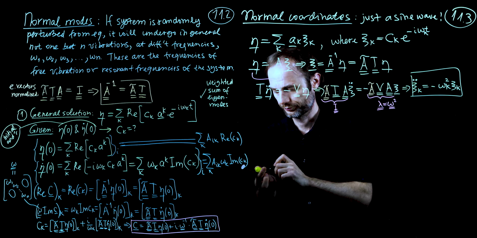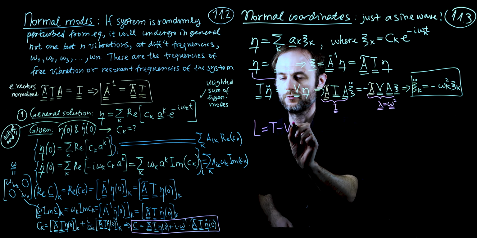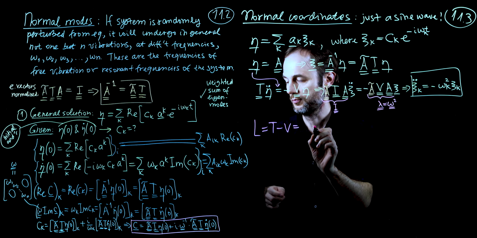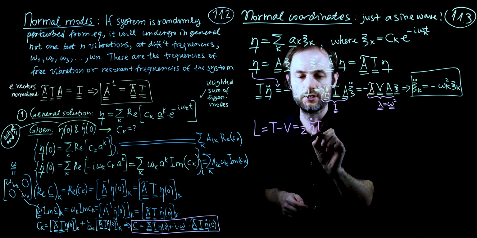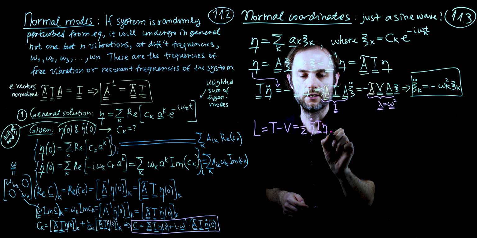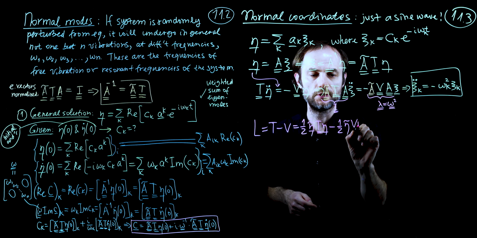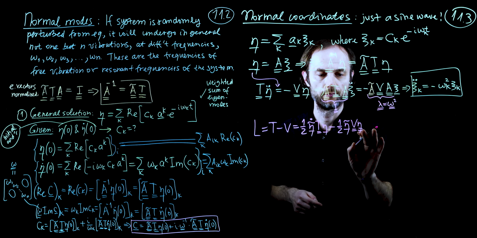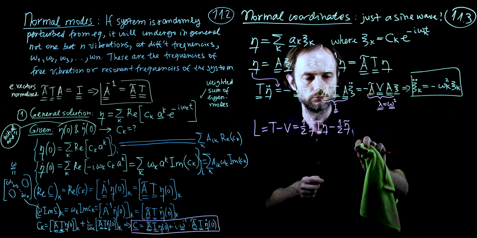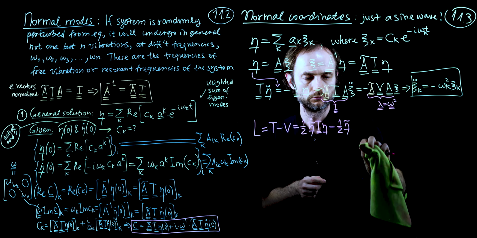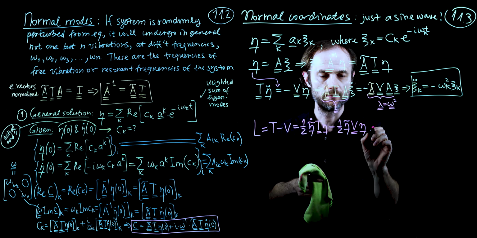So our Lagrangian is T minus V, and it's going to be given by 1/2 of eta dot tilde times T times eta dot, minus 1/2 of eta tilde times V times eta.